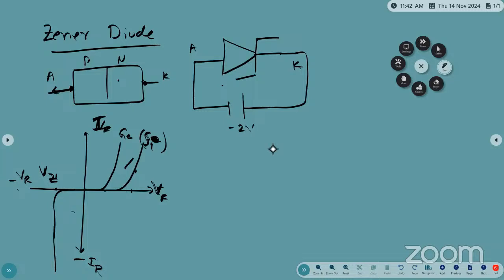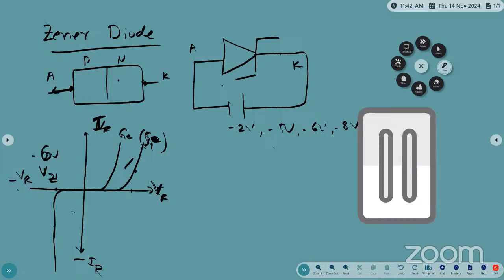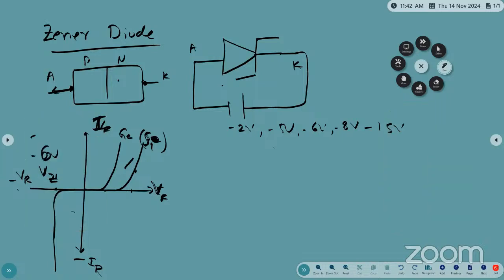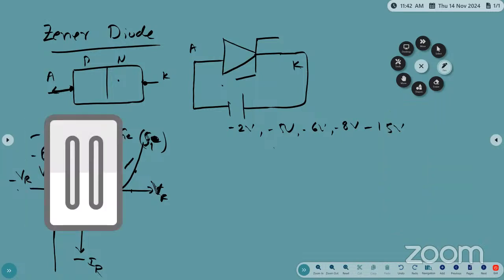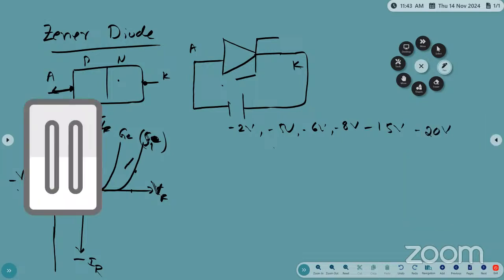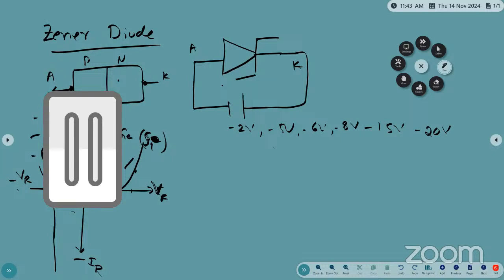If you apply minus 5 volts, here also 5 volts. At 6 volts, 6 volts. Next minus 8 volt, the reverse voltage is minus 6 volt only. If you increase to minus 15 volt, the voltage is 6 volts. If you increase to minus 20 volt, the voltage is 6 volt.